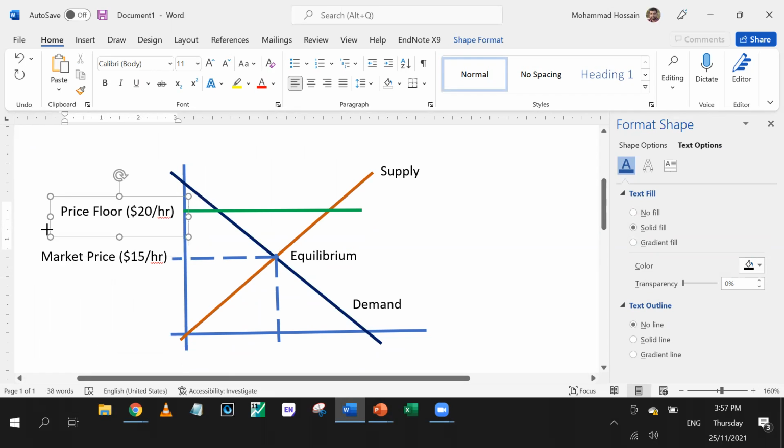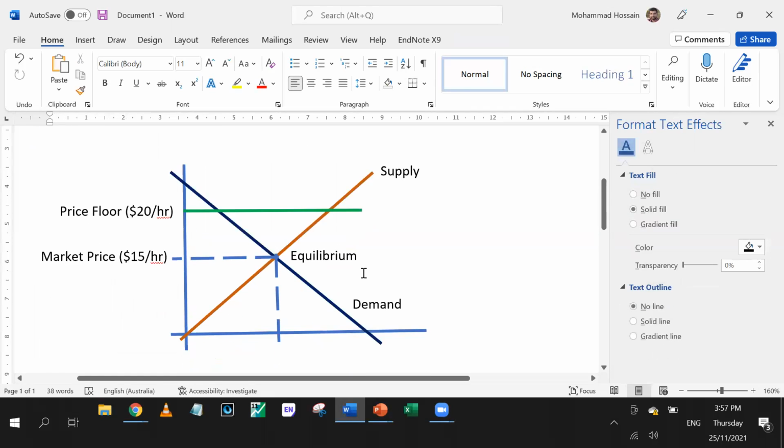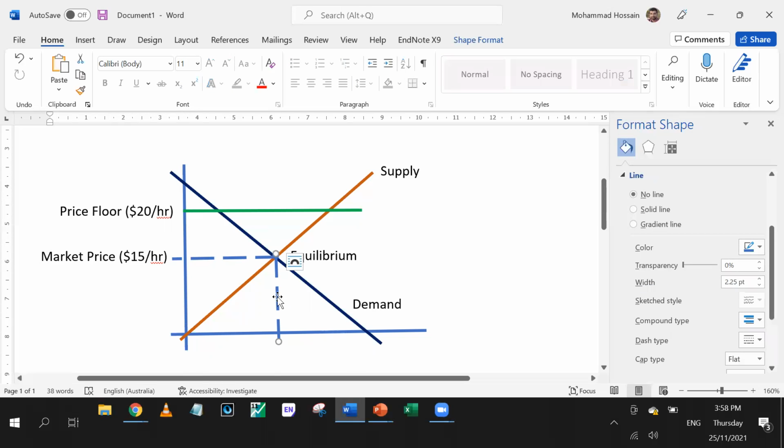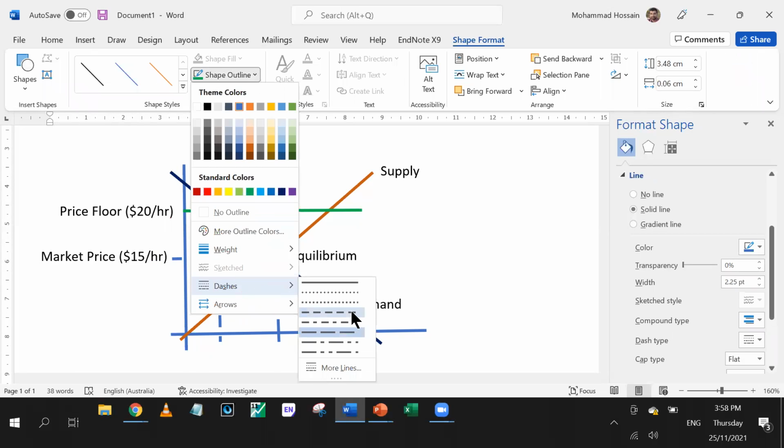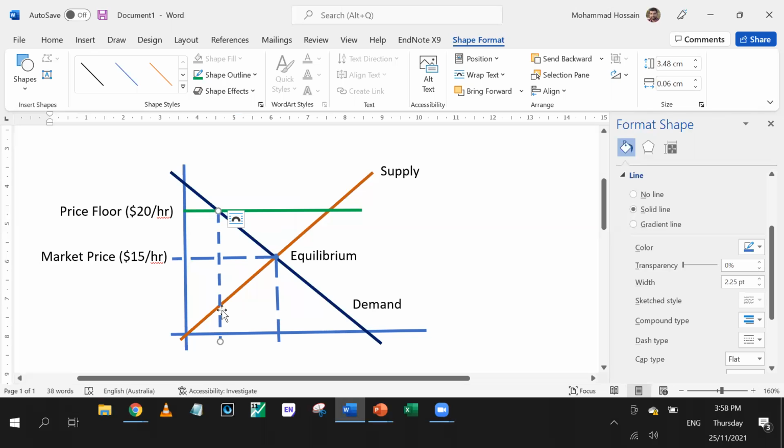When the government increases the price, you will see that demand in the market is in here. Now the problem is demand in the market is here.